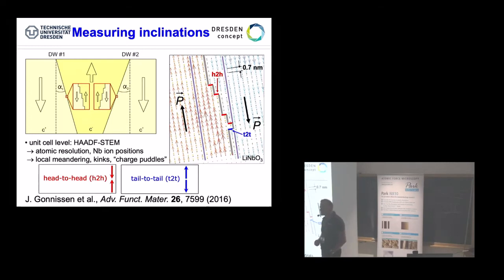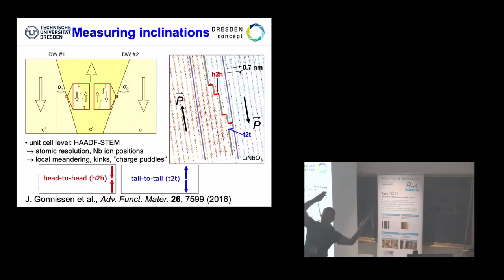That means simply, yes, conductivity in a wall has to do with these kinds of steps. The only thing that is different if you go to such an inclined wall is that we take this wall now and we bend it. So we're playing with the fraction of head-to-head to tail-to-tail fragments, right?